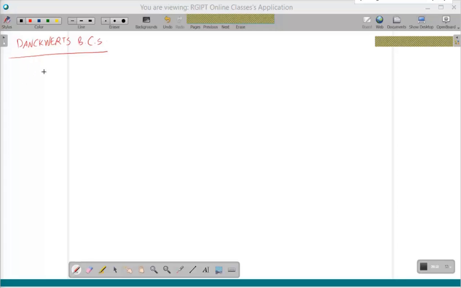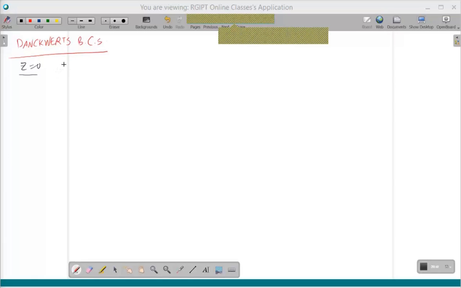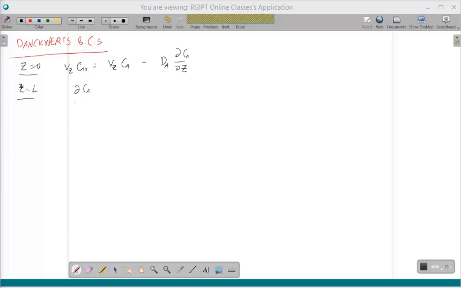That would be Uz into Ca0 at z equal to 0, Uz Ca0 equals Uz Ca minus Da into del Ca del Z, and at z equals L, del Ca del Z equals 0.